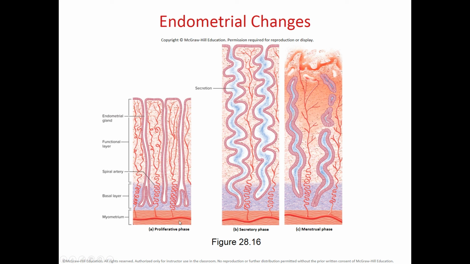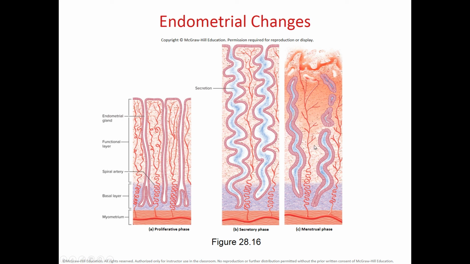So these are the arteries and how they penetrate the endometrium. This is the endometrium with these glands in here, and these spiral arteries will enlarge during the proliferative phase together with these glands. Then during the secretory phase, these glands that were straight become a little bit tortuous, and they start secreting.